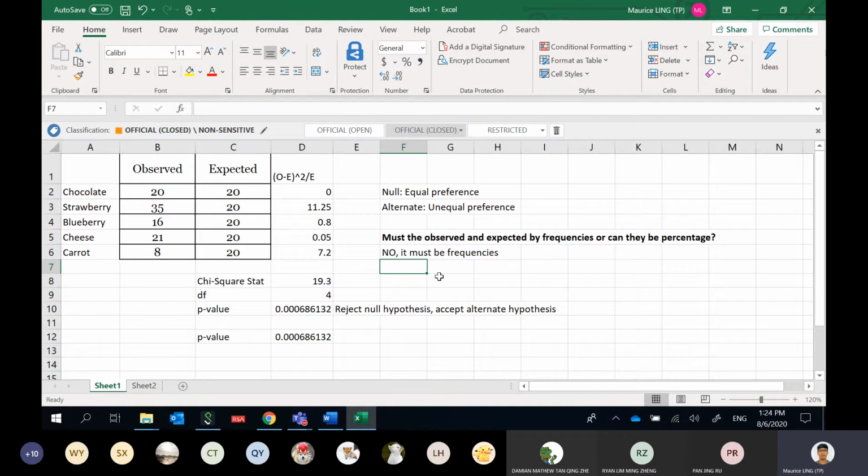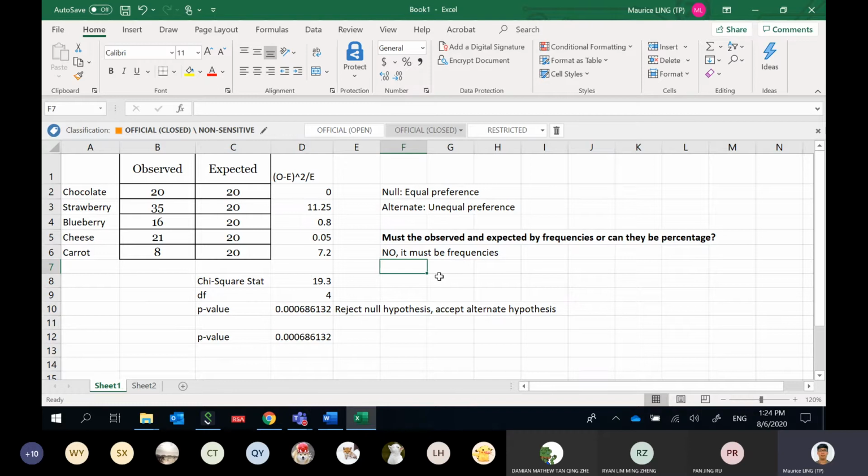Anybody still do not get it? If you get the reasoning, please raise up a hand. Okay, so assume that all of you get it already. You can put down your hands now.